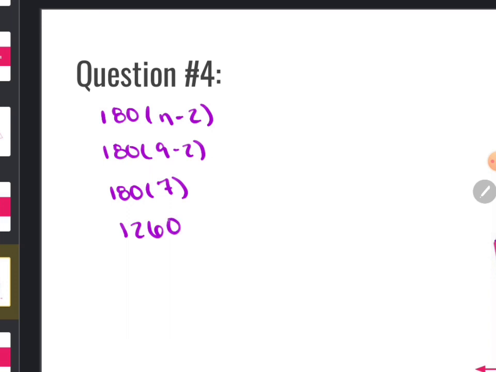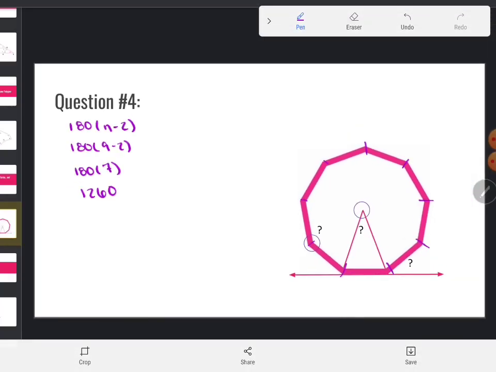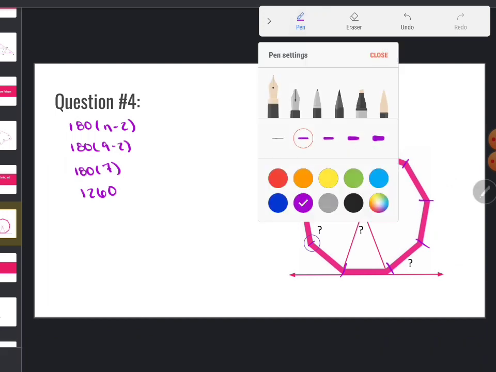So each angle when added up should equal 1,260. Now, we know that we have 9 sides, so we're going to do 1,260 divided by 9, meaning that each angle should be 140 degrees.